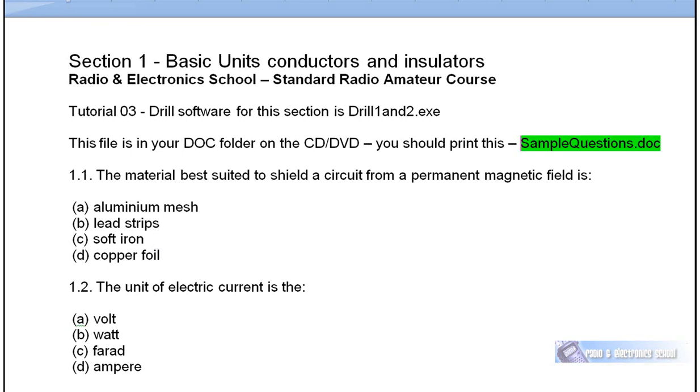It has to be a magnetic material, and soft iron is a magnetic material. None of the others are magnetic. Aluminium is not magnetic. Lead and copper are not attracted to a magnet. You need a material that makes it easy for magnetic lines of force to flow through to shield a magnetic field, and such a material is soft iron.